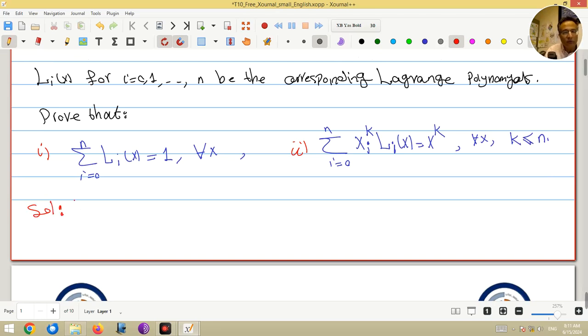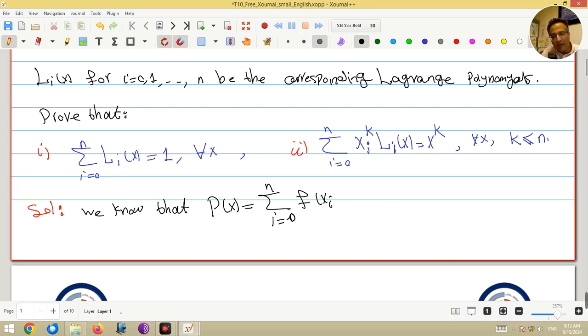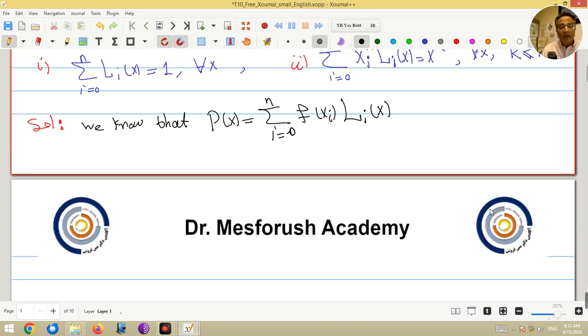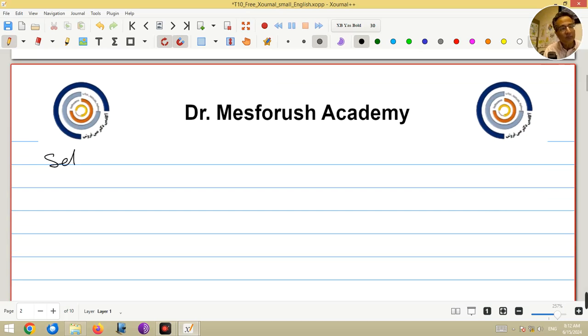But the solution. Let me start to solve the problem. We know that the Lagrange interpolant polynomial has the form p of x equal to the sum over i equal to 0 to n of f of xi Li of x, and it is the interpolant polynomial for f in the nodal points that I mentioned here. Now, set f of x equal to 1.